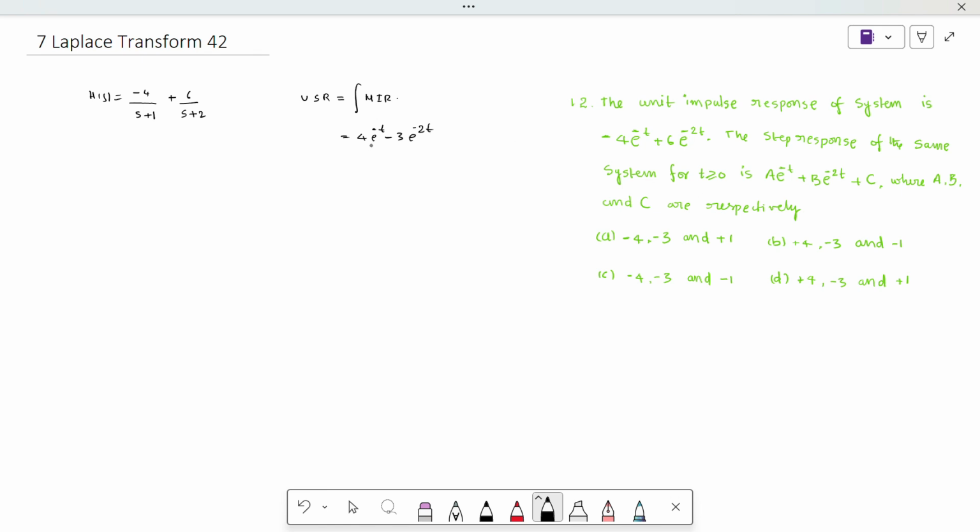For the comparison, here we understand that a equals 4, b equals −3. Now we need to find the c value.